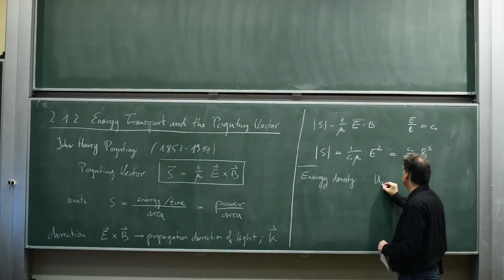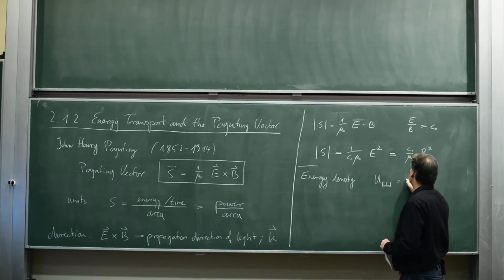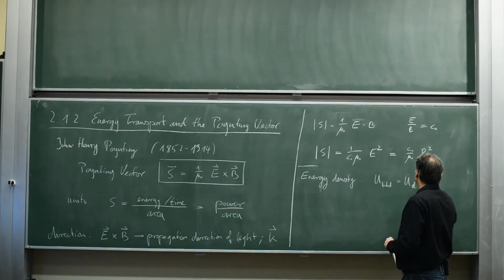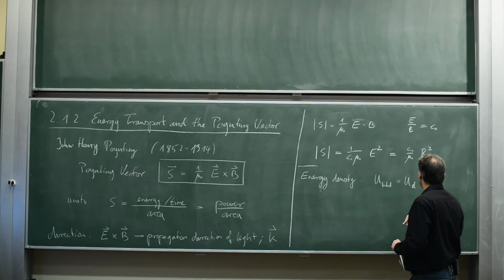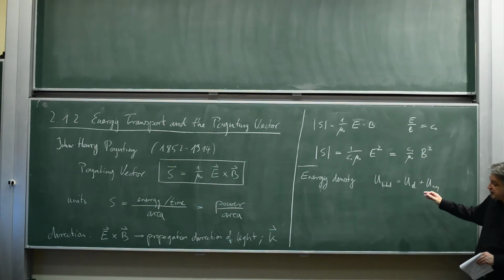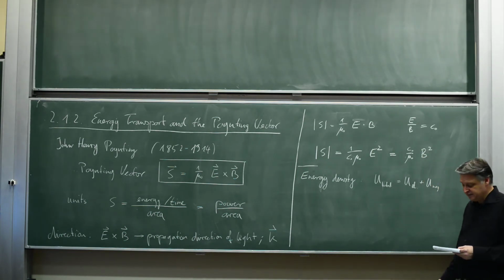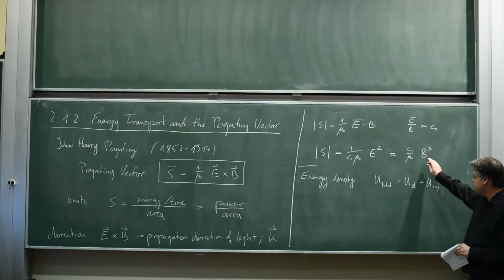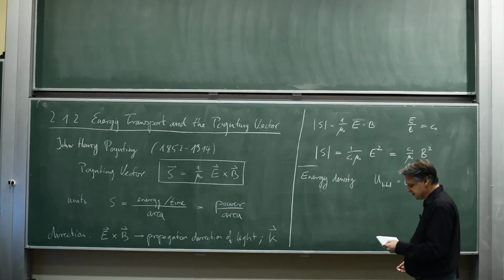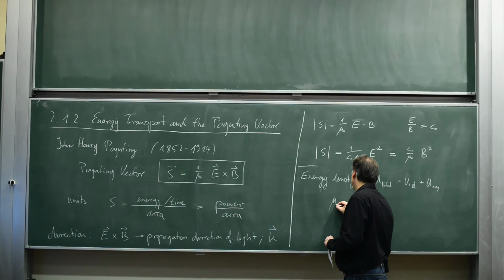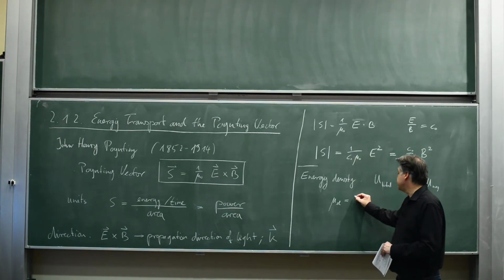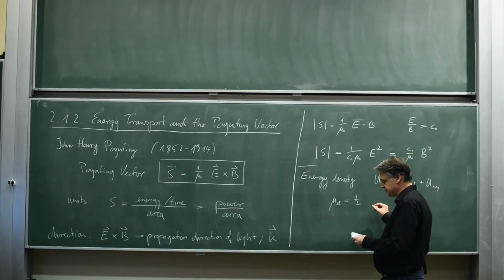U total, and if we would define it as energy density, both together would add up to that expression, which means the electric density would be 1/2 of that expression.